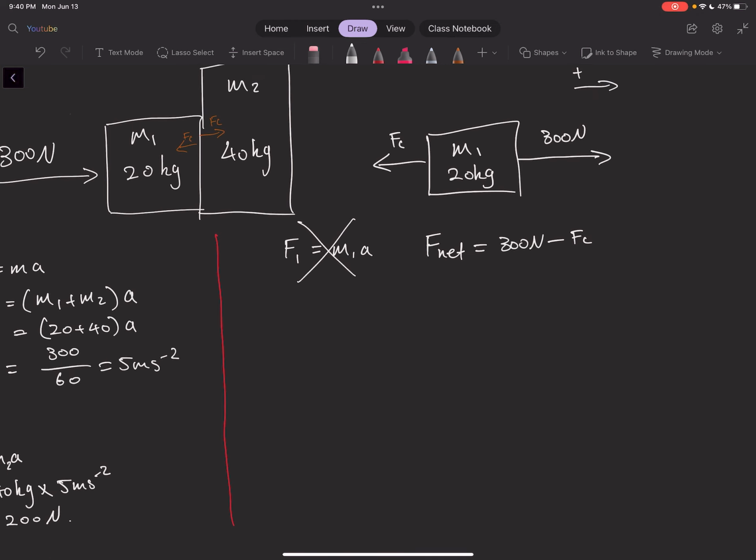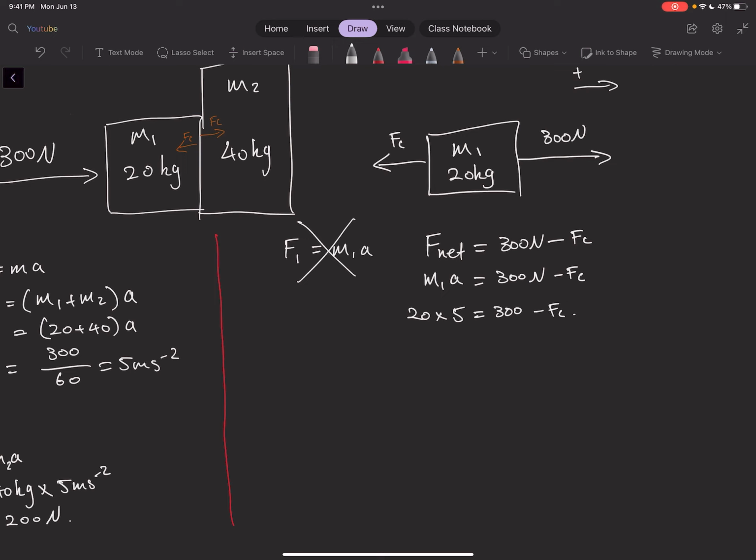We know that for the net force of any body, F equals ma. So we can substitute ma into this equation. We know what m1 is, we know what acceleration is, so let us substitute that in as well. 20 times 5 equals 300 newtons minus the contact force.